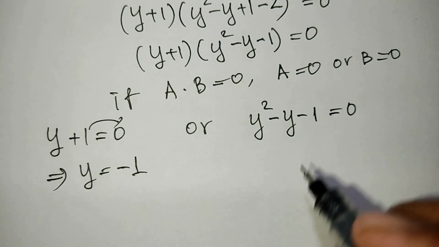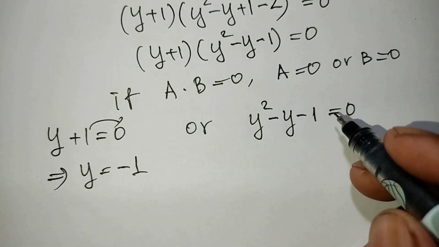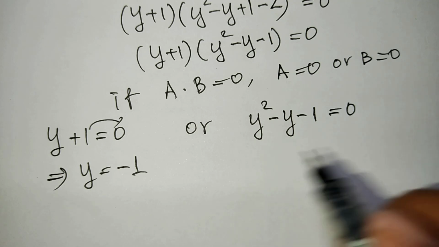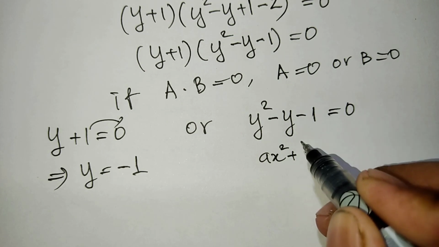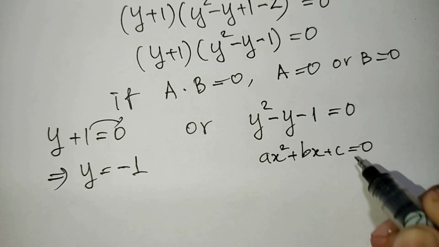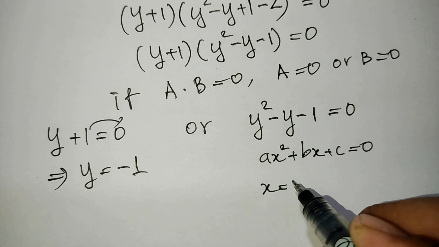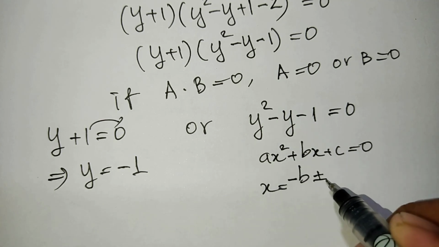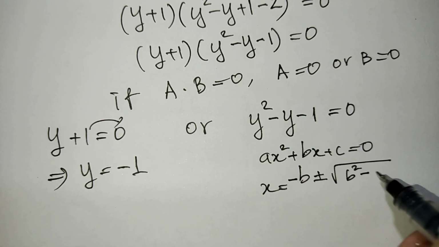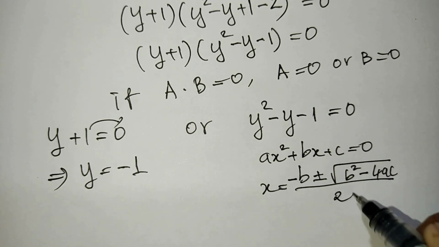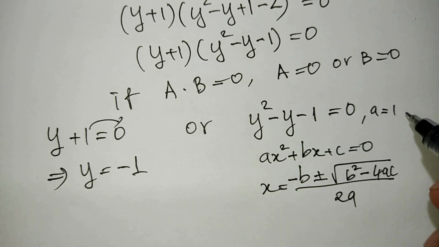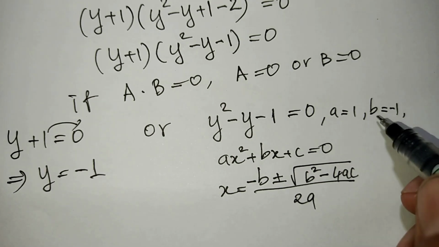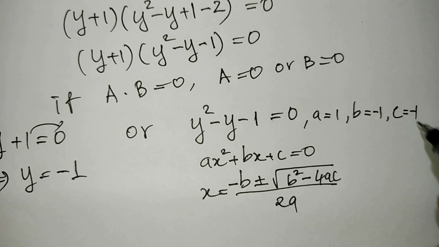So we get here y is equal, we change 1 to the right-hand side, negative 1. And here we use the formula: when we have the equation ax squared plus bx plus c equals 0, we get x equals negative b plus or minus square root of b squared minus 4ac divided by 2a. So here a equal 1, b equal minus 1, and c equal minus 1.